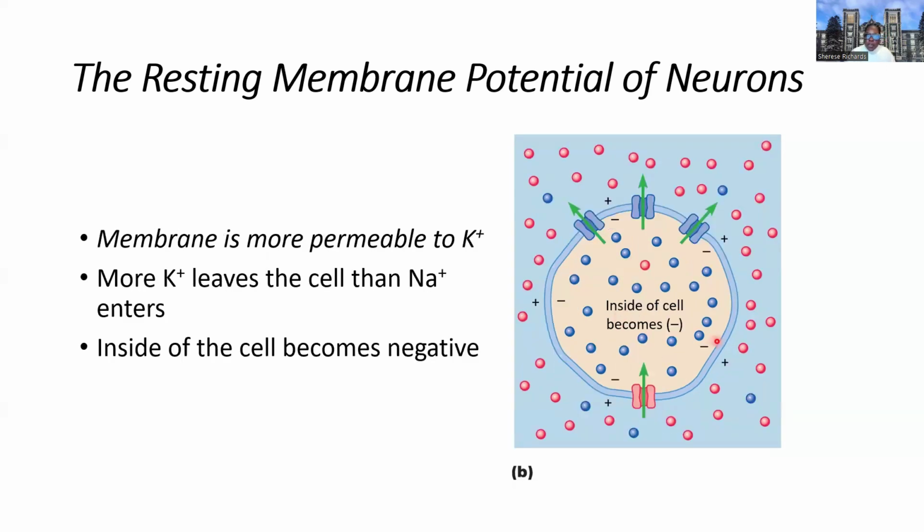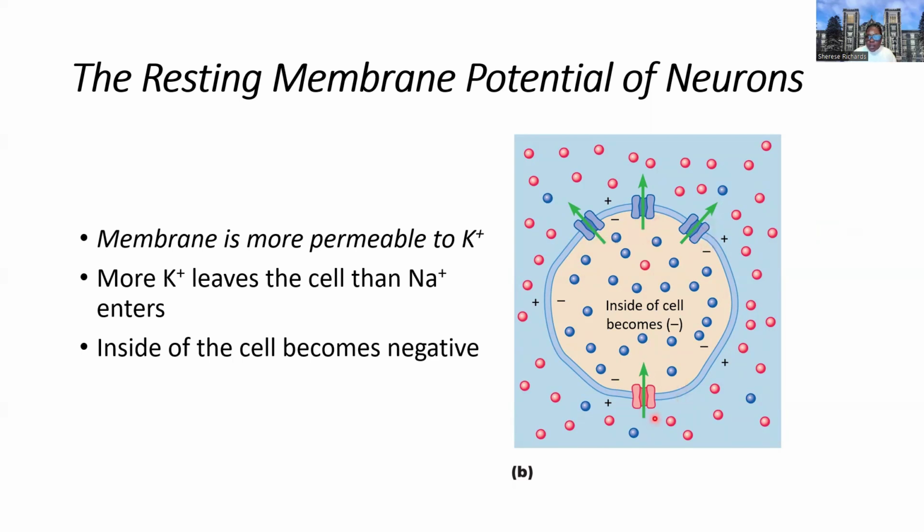Now, as we see both of our ions starting to move, we also want to take into account that the membrane is more permeable for potassium. So potassium has more of an opportunity to leave the cell according to its CDF than sodium can enter the cell according to its CDF. And that is reflected here in the number of channels that we see on this cell membrane. So potassium being at a greater permeability, we are seeing 3 ion channels here.